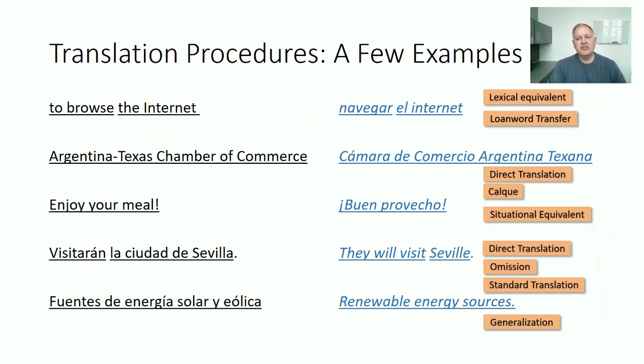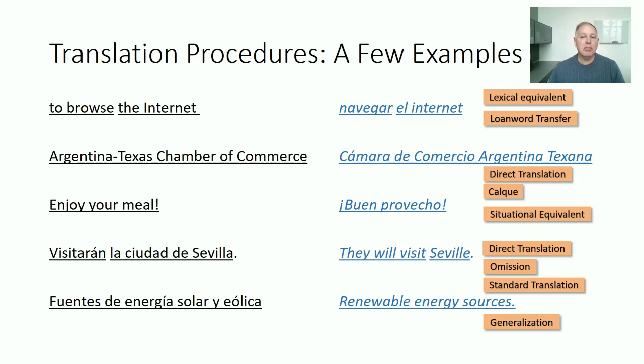And like I said, terms are different for these strategies, techniques, and procedures. One of them might be called a loan word transfer. So for example, if I say to browse the internet and translate that as navegar el internet, internet obviously is the same word. It comes from English. That's a loan word transfer. It's not being translated into Spanish. It's being borrowed.